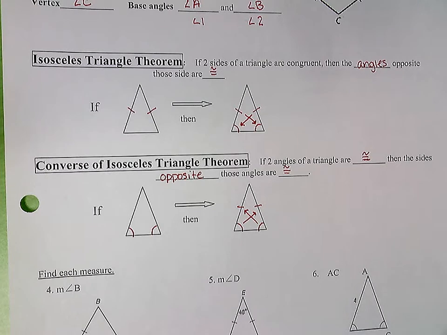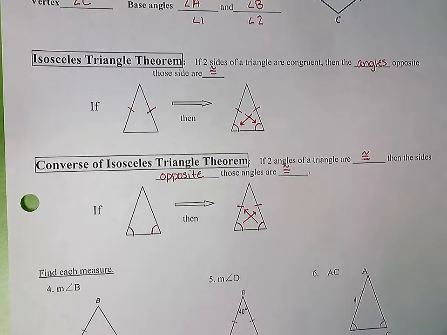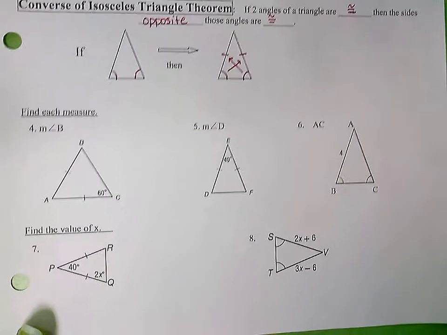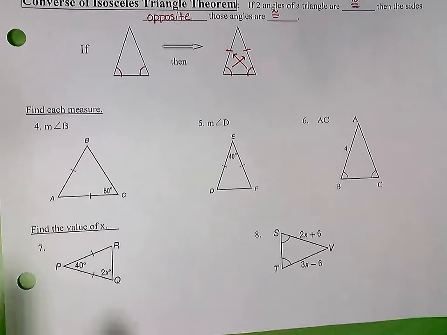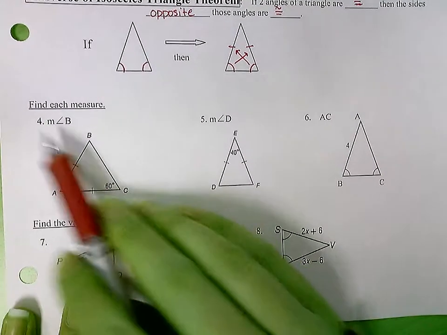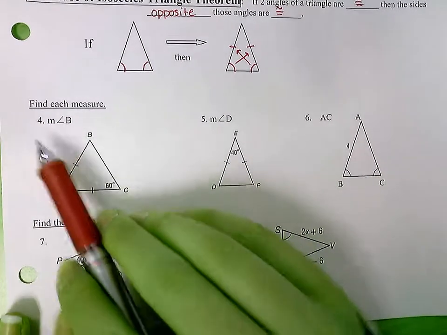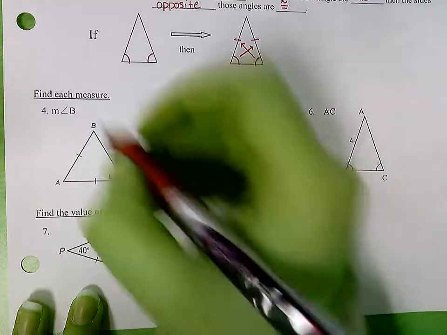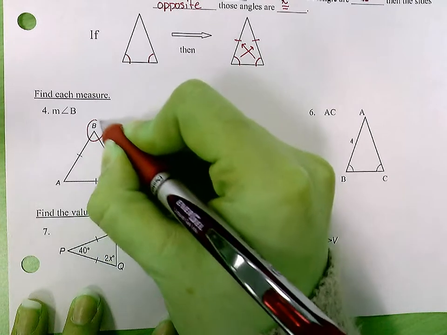Does that make sense? All right, so we're going to use those theorems to answer the following questions. So in number 4, or 1, I don't know why it's labeled 4, we're going to find the measure of angle B. Okay, so that's this angle right here.